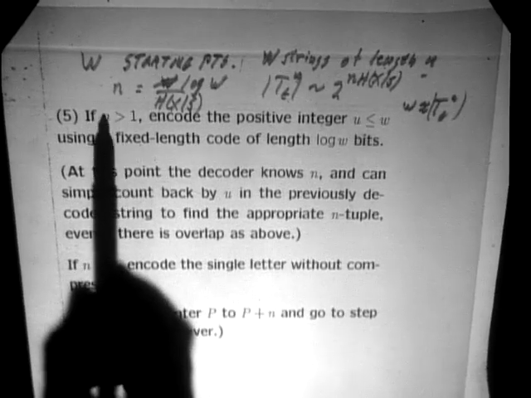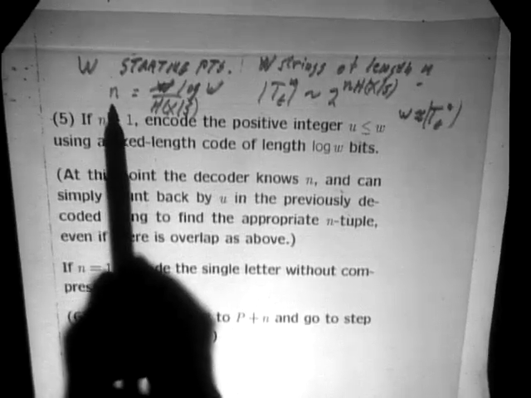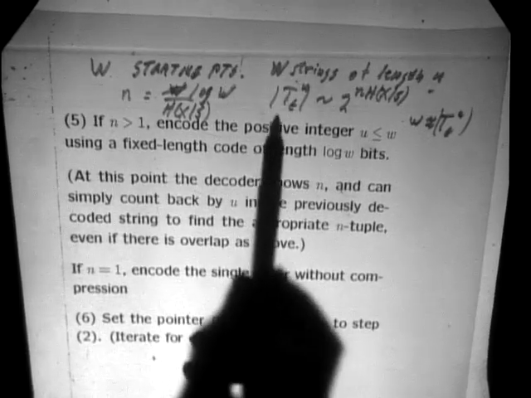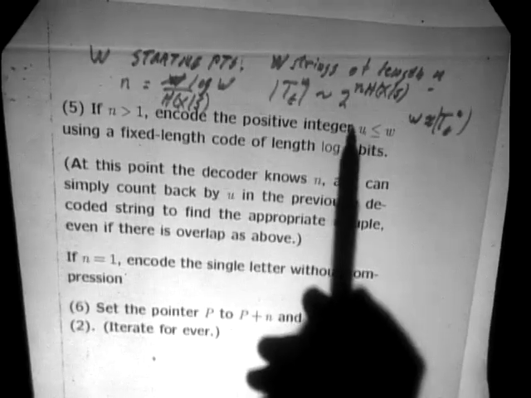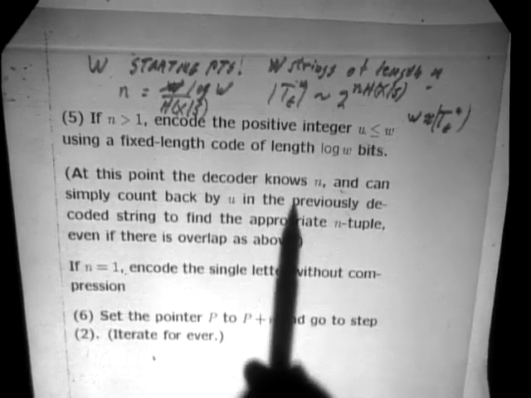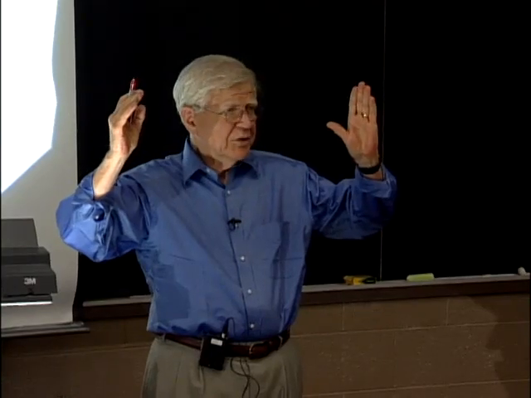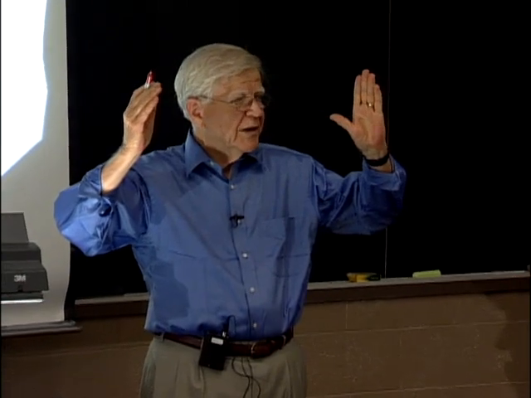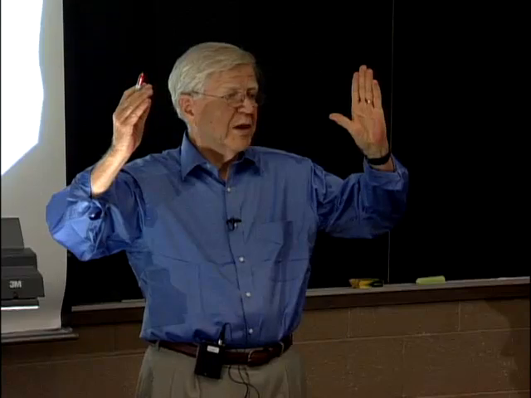So I'm going to focus on a constraint on a match length, which I'm hoping to achieve, of log W over h of x given s. The typical set then is of size 2 to the n times h of x given s. And as the typical set is of this size, and I look at these W strings in the window, I'm going to have some duplicates, but roughly I'm going to have a large enough number of things in the window to represent all of these typical strings, or most of them.